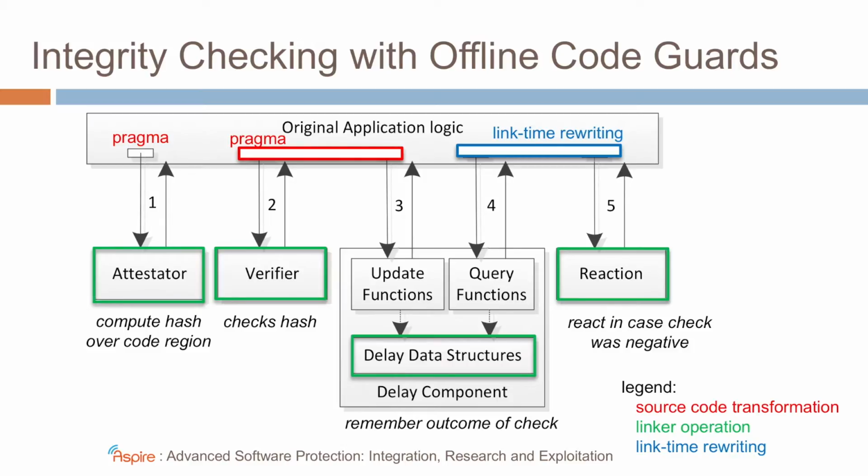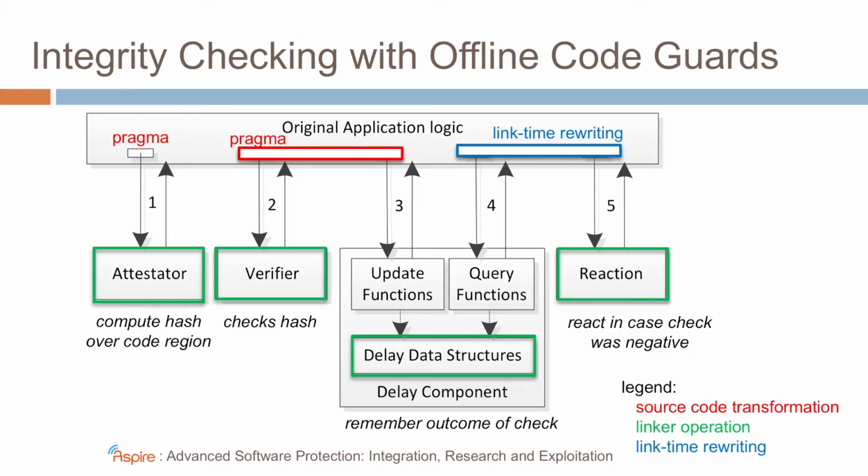Then other code that's not marked, but that's part of the original application, receives a medium amount of invocations. And then we have archives that are linked into the program, but we assume that the externally linked in code is not that important security-wise, so there we inject much less invocations of the reaction functions.